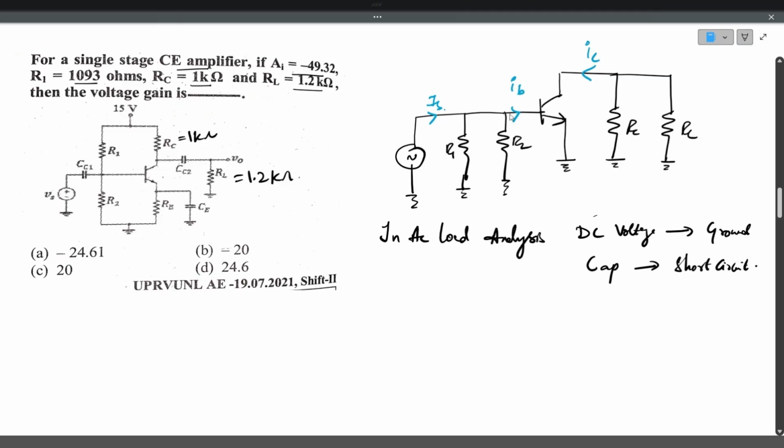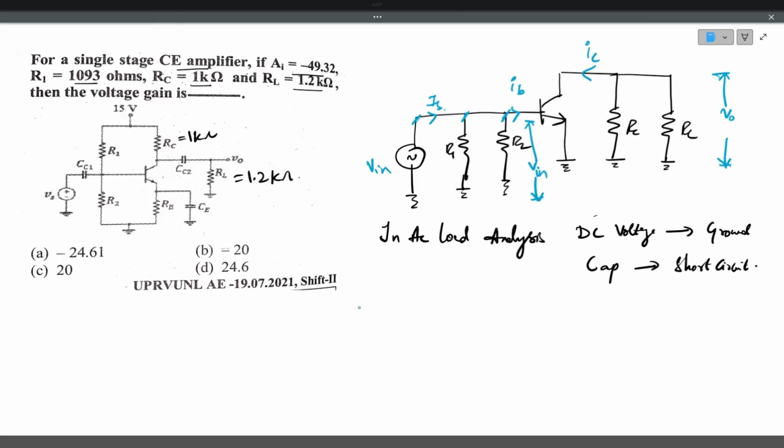The output voltage is taken here, and the input voltage is here. The voltage across R2, R1, and the base remains the same. The input voltage Vin is constant, because all these three branches are in parallel.